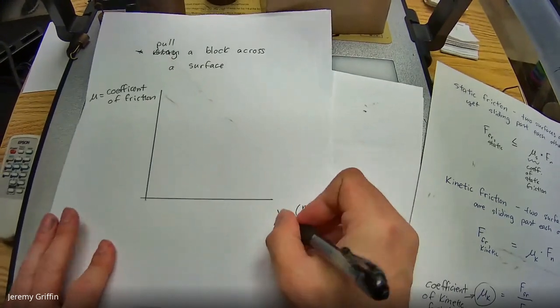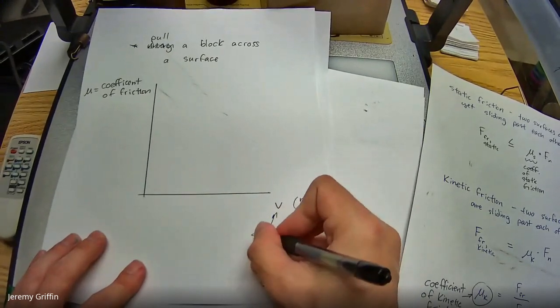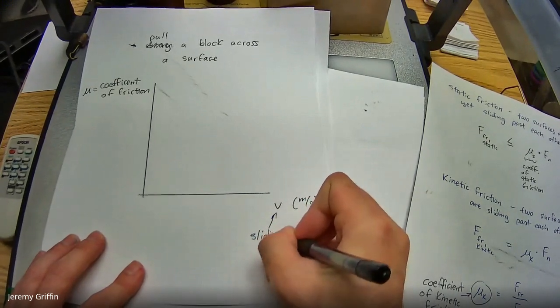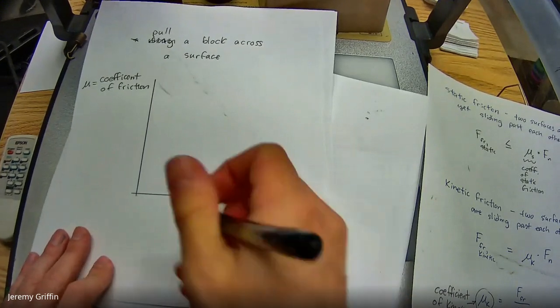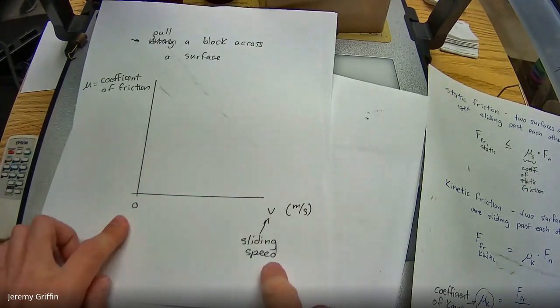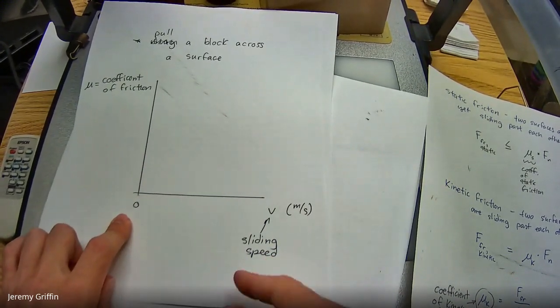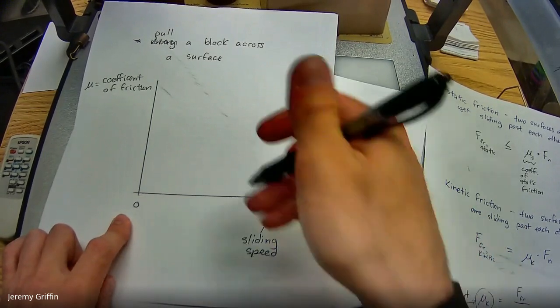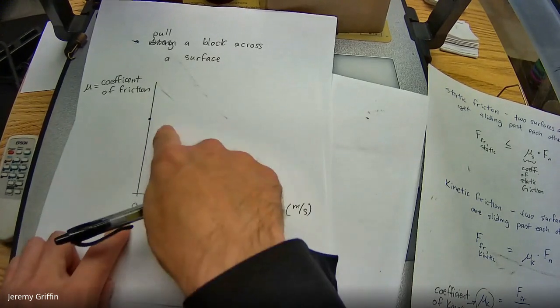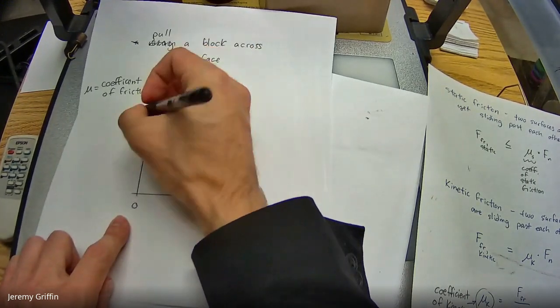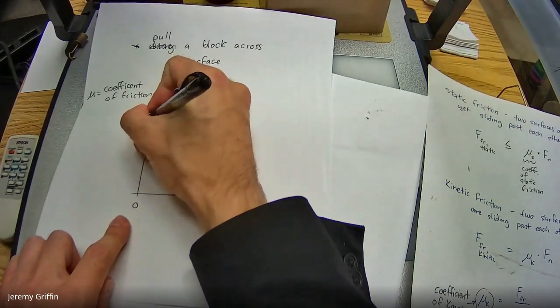So this represents the sliding speed between the two objects. At a minimum, it could be 0. Now, if there's 0 sliding speed, isn't that the static case? So there's some coefficient of friction that's involved with the static case, and I'll put that dot right there. And that's the coefficient of static friction, mu sub s.